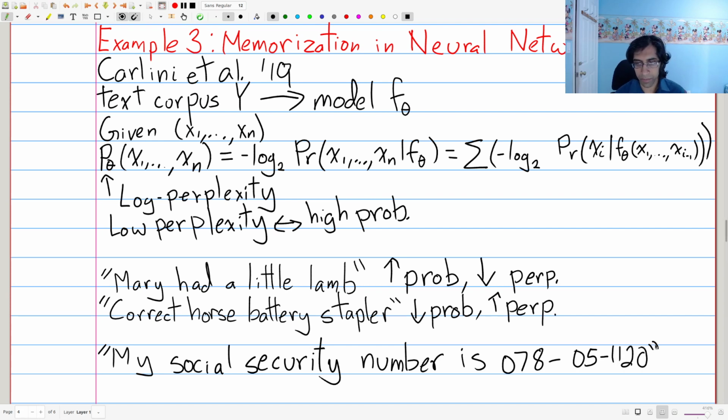So now, suppose this phrase appeared in the training set. Suppose it was assigned a low perplexity. Can we basically infer, based on the perplexity or the scores assigned by this model, whether this phrase was in the training data or not?